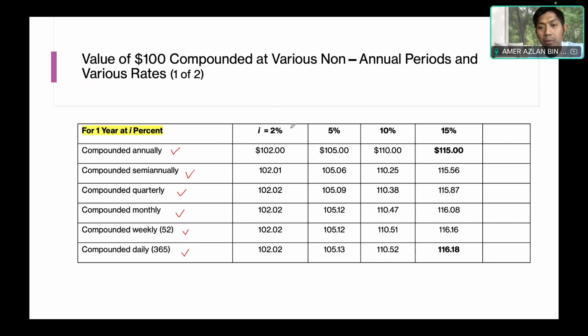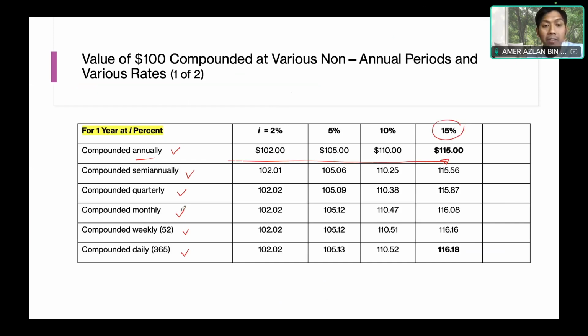So if you compare this table, if you want to see a higher value from the compound effect, you will see here that the more frequent the money is being compounded, the higher the value of the money will be somewhere in the future. For instance, if the interest rate is 15% and the money is compounded annually, then eventually the value will be 115.